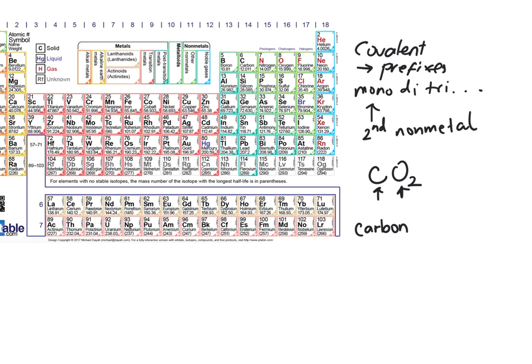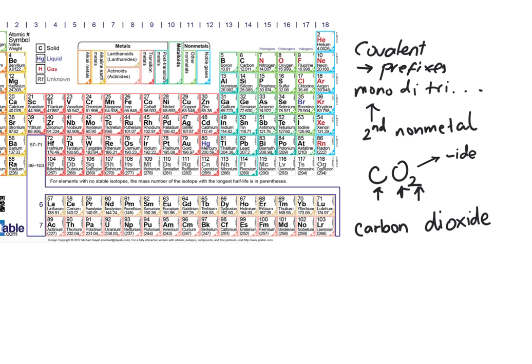Then after that, we're going to first write our prefix for the number, which is di. And then make sure the name ends in IDE, the same as with the ionic compound. So this is going to be dioxide. Okay, let's try another one.